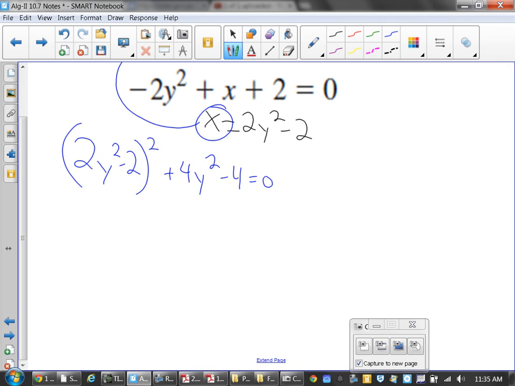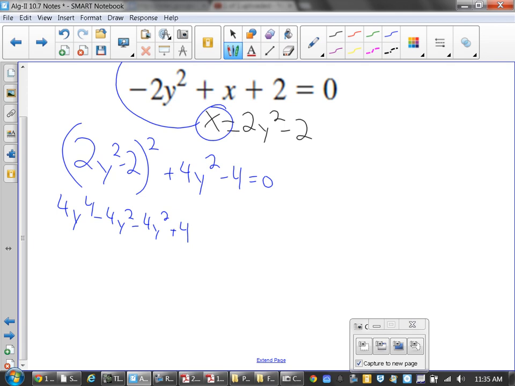When you FOIL this out, you get 4y to the fourth minus 4y squared minus 4y squared plus 4. Are you adding a 2 or multiplying a 2 with those exponents? You add, okay, thank you.